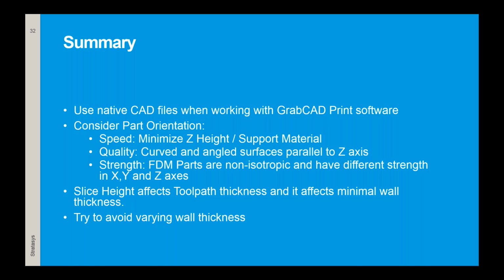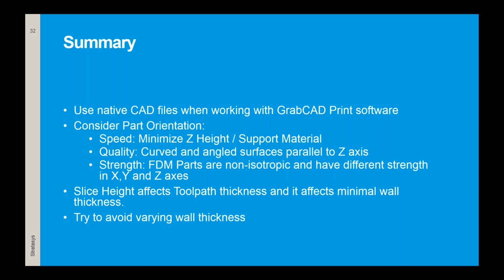So minimize Z height and support material for speed. Print curved and angled surfaces parallel to the Z-axis to get better quality. And FDM parts are non-isotropic, which means you have different strength in the X, Y, and Z axes. Slice height affects toolpath thickness, and toolpath thickness affects minimal wall thickness.